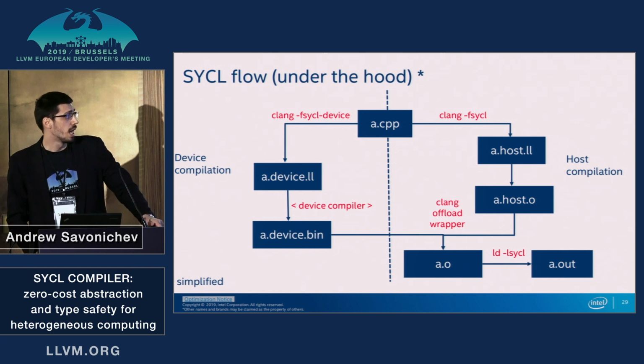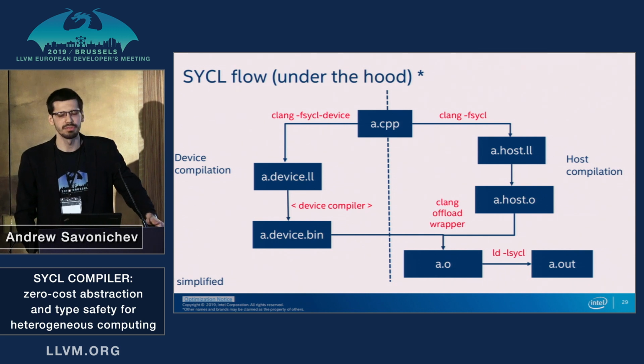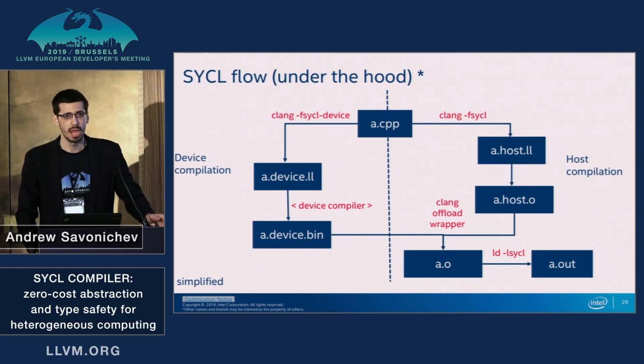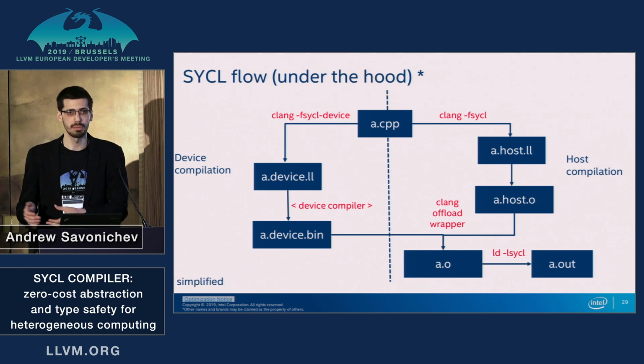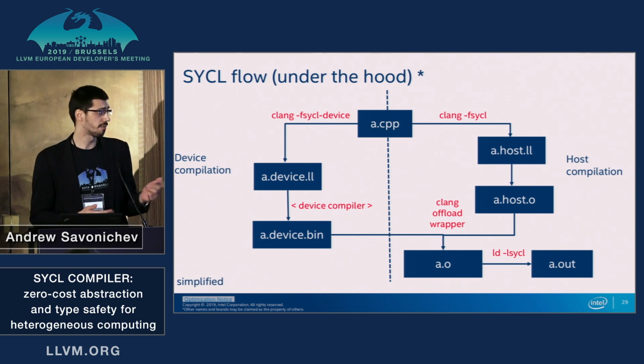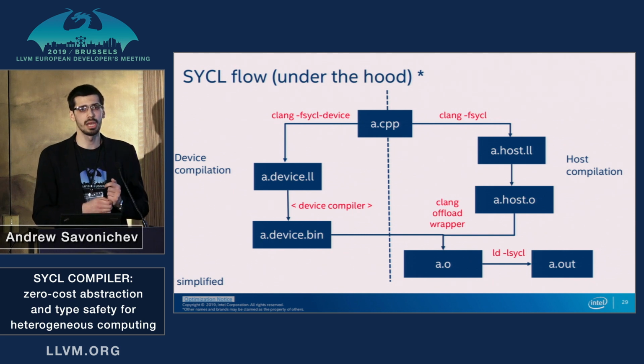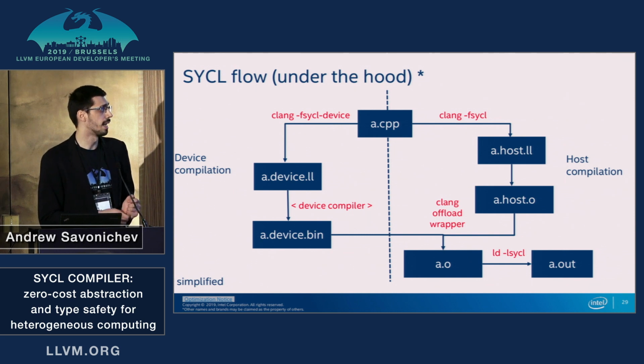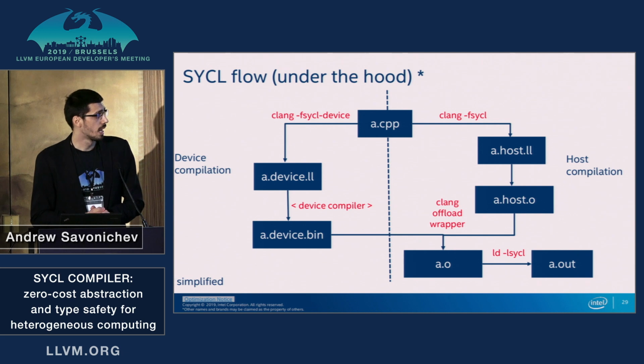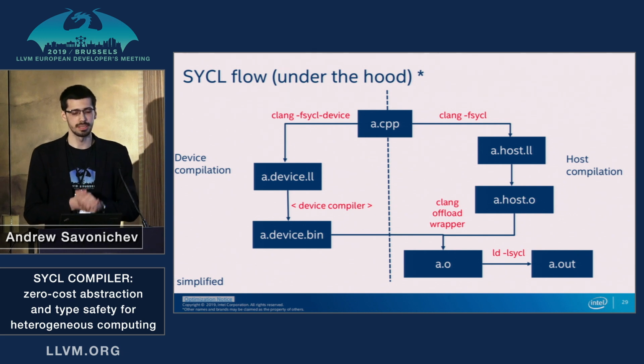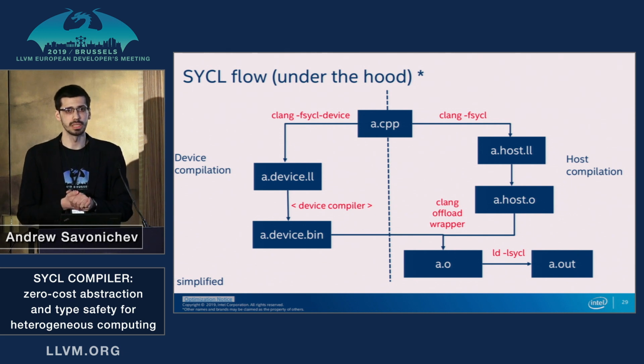Well, basically because we actually have different targets. Our target is a host system, which may be x86, and another target may be a GPU. So you have different target information, you have a different triple, and that makes things difficult to do in a single invocation.